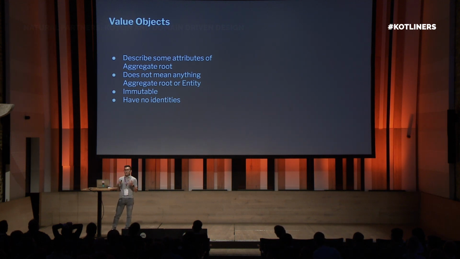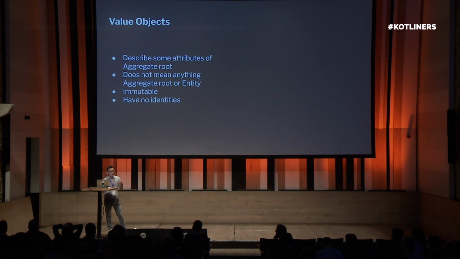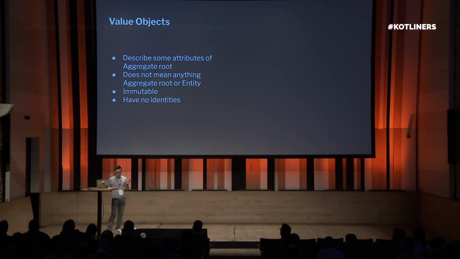What it actually means is that we don't extract the value object from where it belongs. It belongs to something, which is an entity or aggregate root, and it makes sense only in relationship with this entity. Otherwise, it's just a meaningless object.